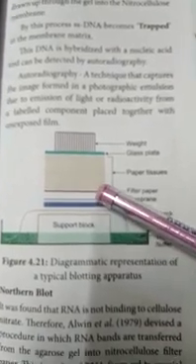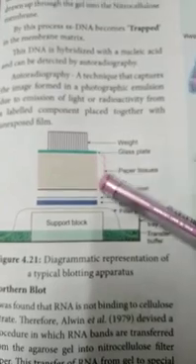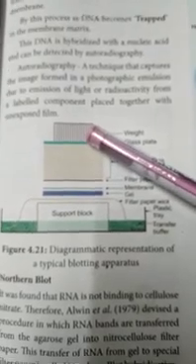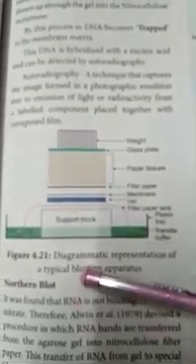Then filter paper and paper tissues are placed, a glass plate is placed above, and a weight is placed for support. This is the diagrammatic representation of a typical blotting apparatus.